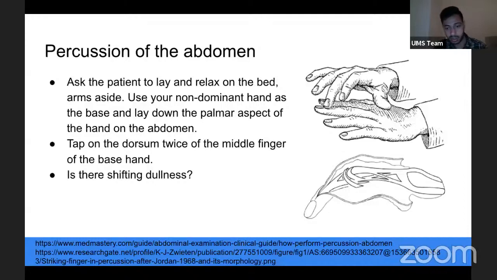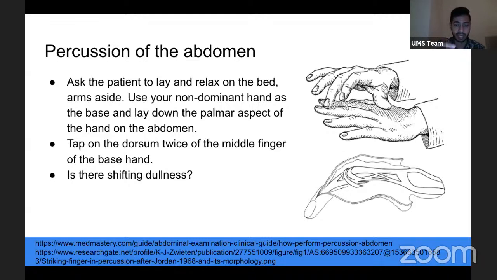Now we're going to discuss a little bit about percussion of a few organs in the abdomen. In terms of the liver, usually we percuss upwards, usually two centimeters at one time, from the right iliac fossa all the way towards the costal margin, to see if there are any percussion note changes at all, to see if there's any fluid in that region.